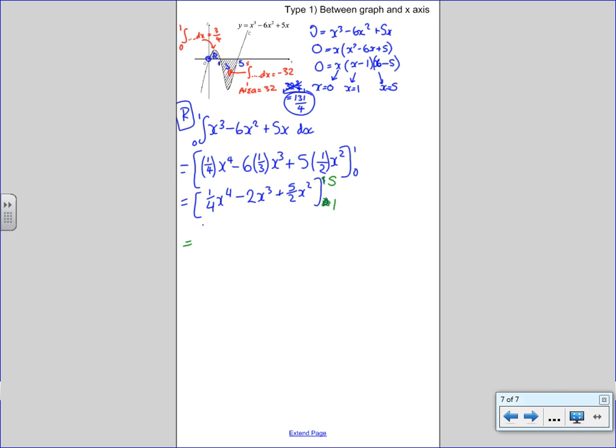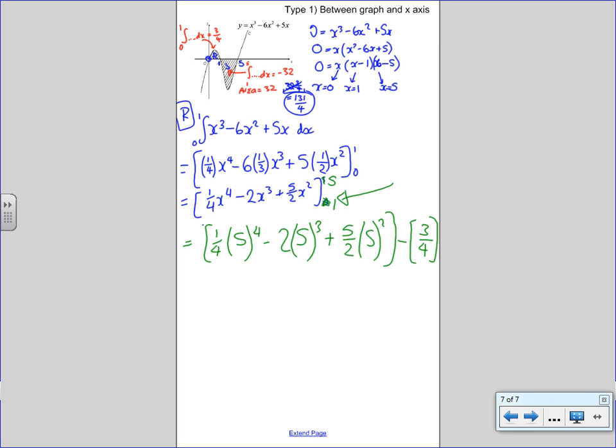And we know that the lower limit 1 gives 3/4. The top, we need to put the 5 in first. So that's 1/4 of 5 to the 4, minus 2 times 5 cubed, plus 5 over 2 times 5 squared, minus that one limit which is 3 over 4. Because that was our top limit before and now it's our bottom limit, but it's the same when you put it in.